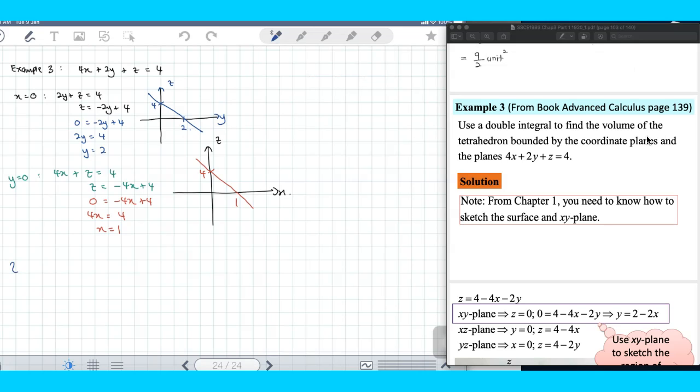Now z equal to 0. So we have 4x plus 2y equal to 4. Normally we have y in terms of x, so y equals negative 2x plus 2.